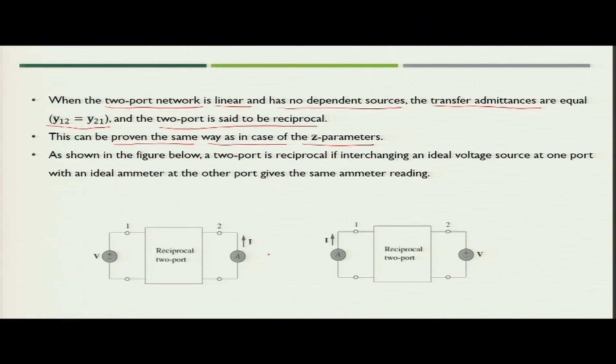Now, if this two port network is reciprocal, it means that if you exchange the locations of the voltage source and the ammeter, the quantities, that is I and V, are not going to change. So, if this condition holds, we will say that the circuit is reciprocal.